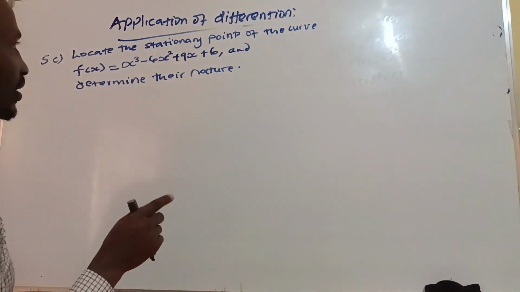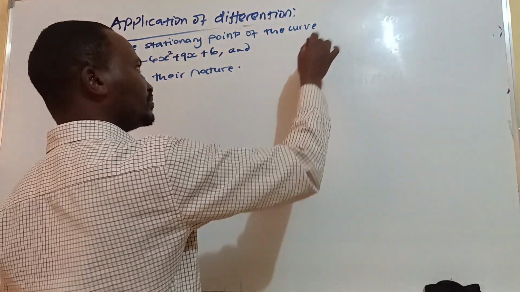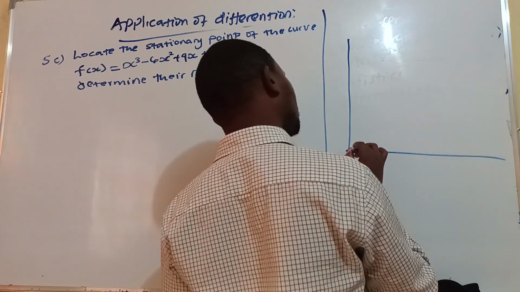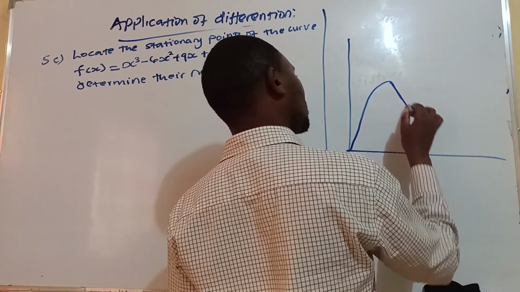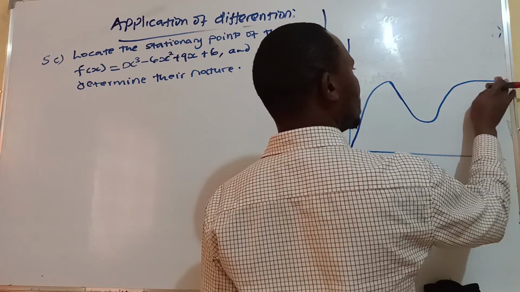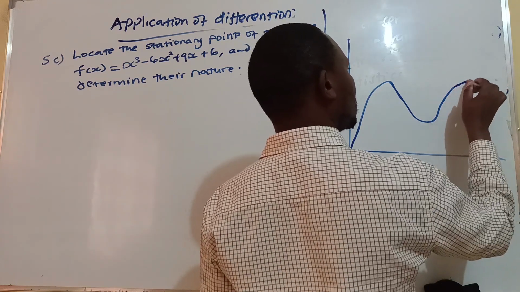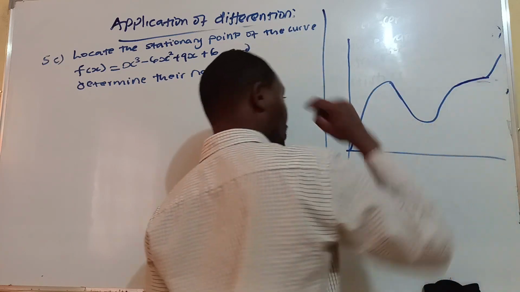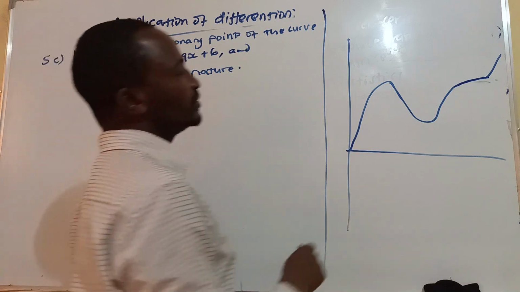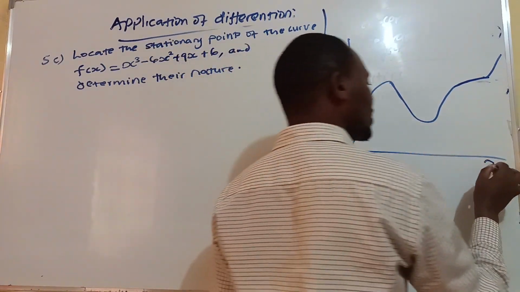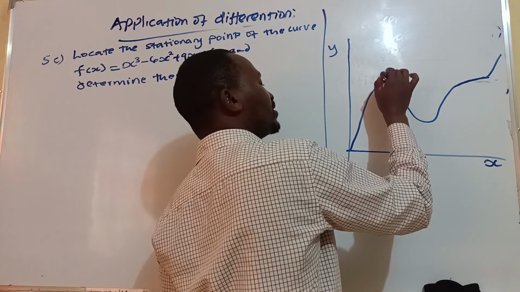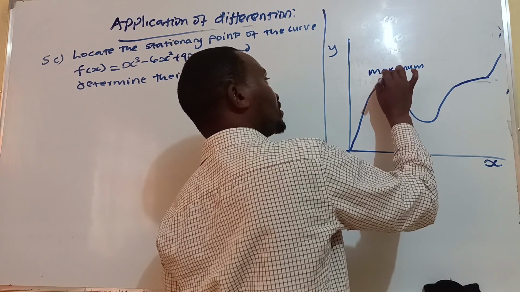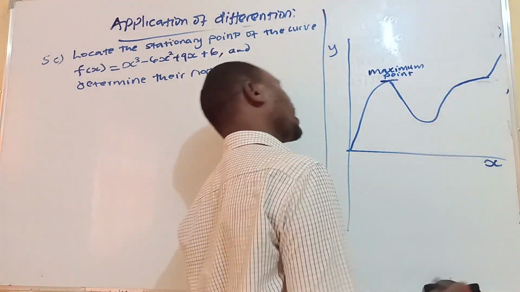So what you do when you want to locate the stationary points, what are the stationary points? Suppose you have a curve of y against x. This point here is called a maximum point, or point of maximum.